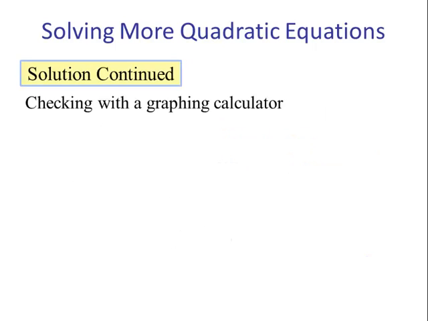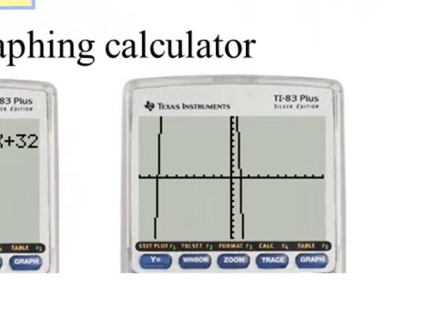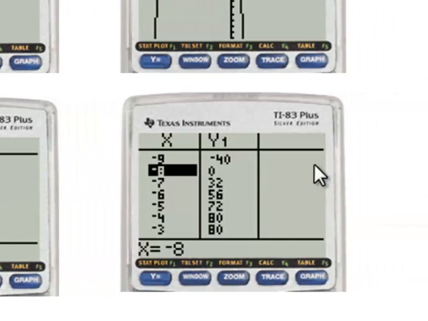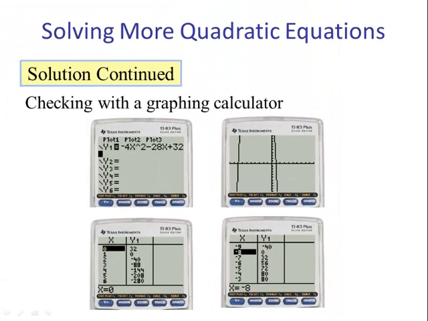To verify our solution, we type in the trinomial into y1. We hit graph. We can see an x-intercept here and one here. Using the table, we see when x is 1, y is 0, and when x is negative 8, y is 0. So the solutions have been verified.